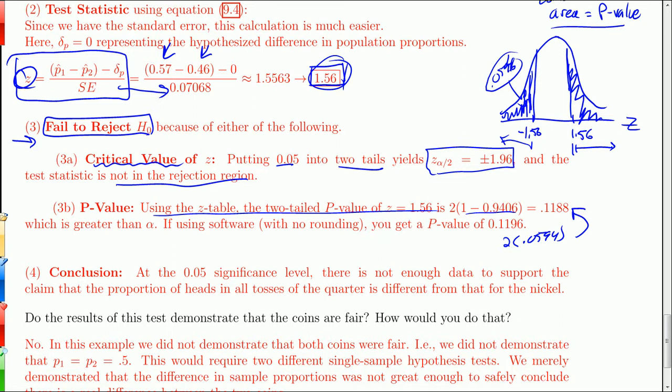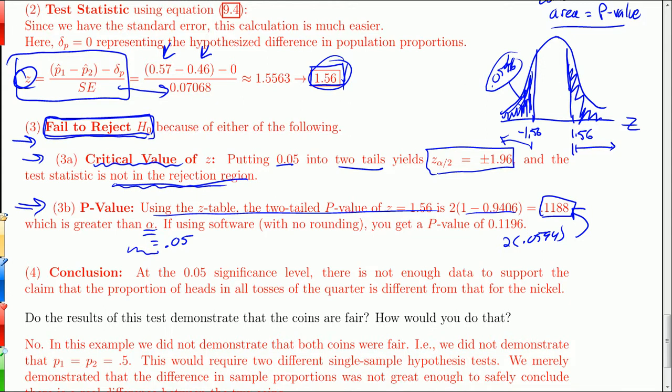But you basically have to find the area of both tails to get the p-value. So you get 0.1188, and regardless of which way you do it, that is bigger than alpha because alpha in our case is 0.05. So whether you use the critical value method or the p-value method, you're going to fail to reject the null hypothesis because the test statistic is not in the rejection region or the p-value is bigger than alpha.